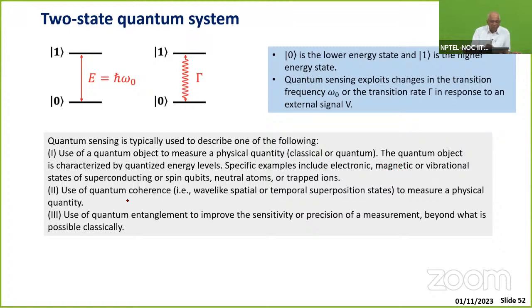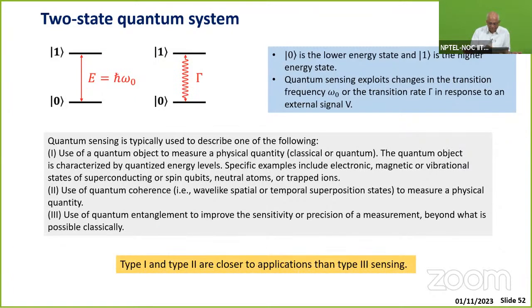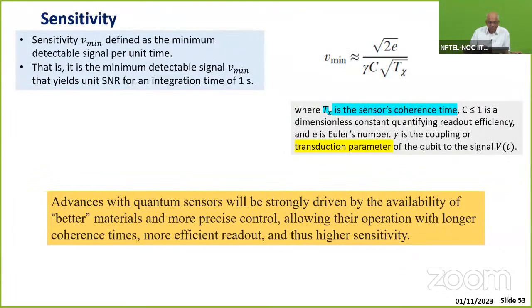You can use quantum coherence, that is the spatial or temporal superposition of states, to measure the physical quantity. You can use quantum entanglement to improve the sensitivity or precision of the measurement beyond what is possible classically. So type 1 and type 2 are closer applications than type 3 in terms of sensing.